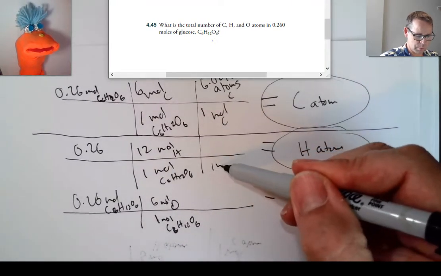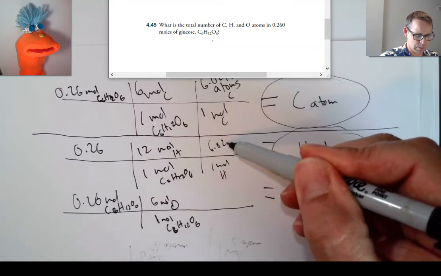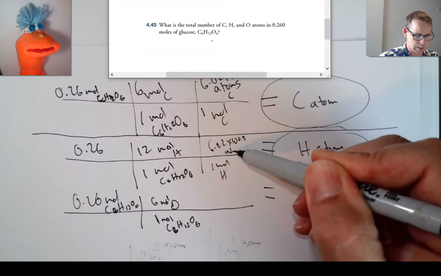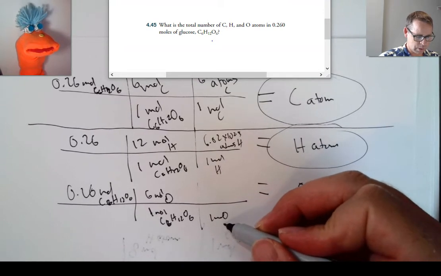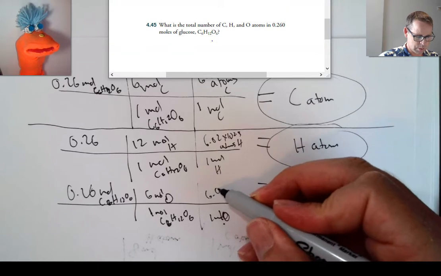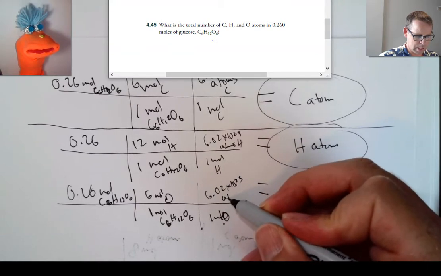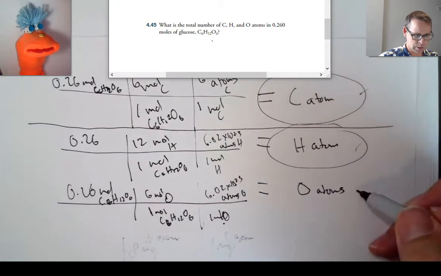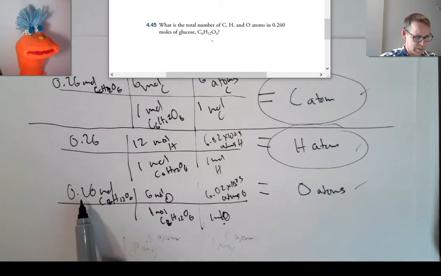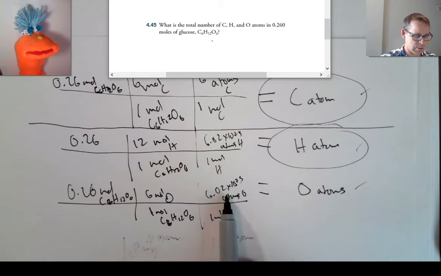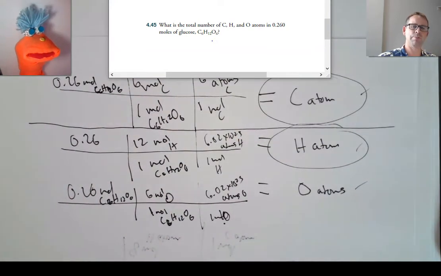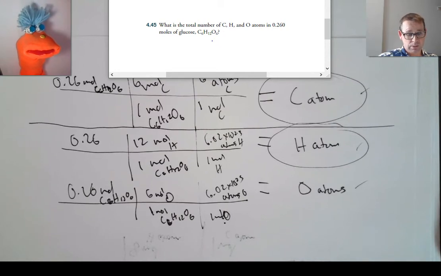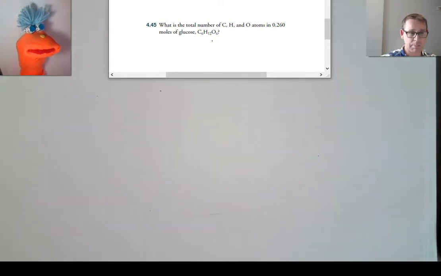I would go 1 mole of hydrogen, 6.02 times 10 to the 23rd atoms of hydrogen. 1 mole of oxygen, 6.02 times 10 to the 23rd atoms of oxygen. So I solve for all 3 of those. 0.26 times 6 here, times that Avogadro's number. 0.26 times 12 times Avogadro's number. 0.26 times 6 times Avogadro's number. Right?